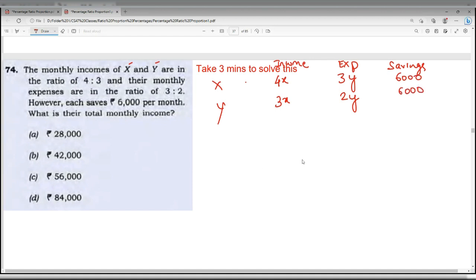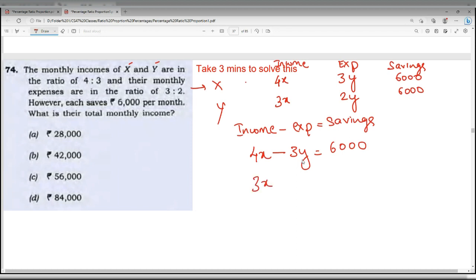How is the savings calculated? Income minus expenses is equal to savings. So we have income in the first case 4x for X minus 3y, that is expenses, and savings is 6,000. And here for Y we have 3x minus 2y is equal to 6,000.